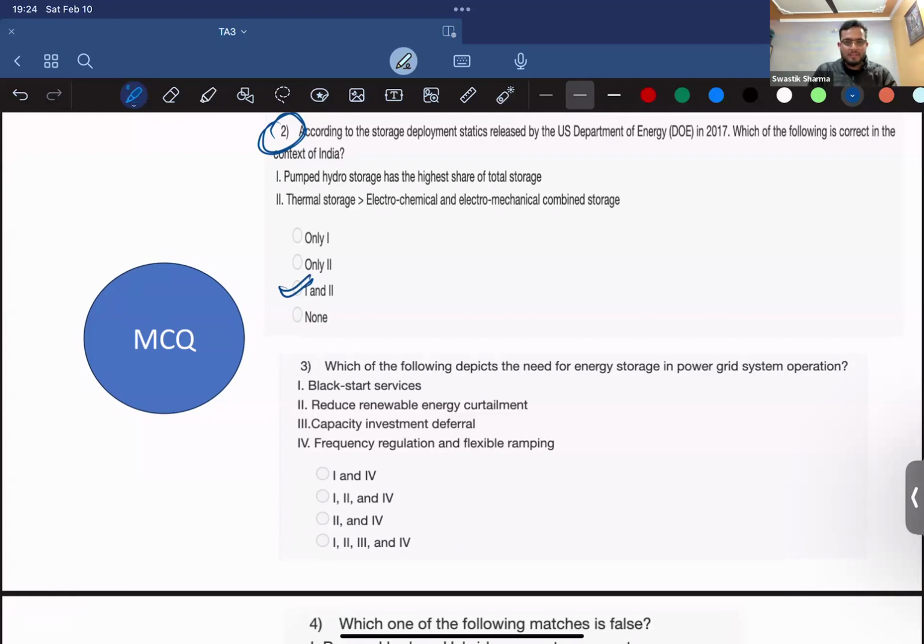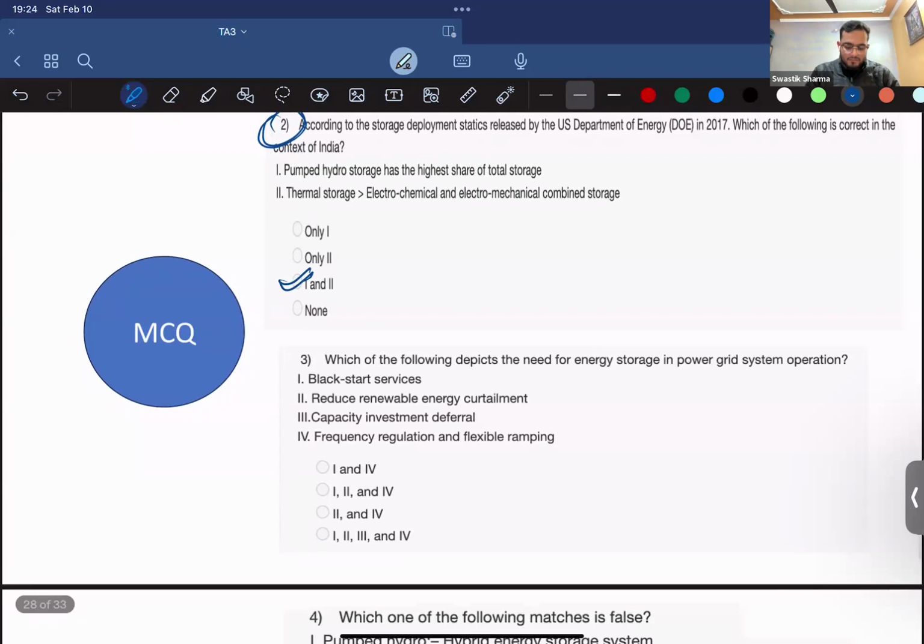Battery energy storage is at a nascent stage, and thermal storage is much higher than electrochemical and electromechanical combined storage, because thermal storage is how you store your thermal power, and then you power your coal based power plants, right? It's a combined heat and power plant. So it's one and two.